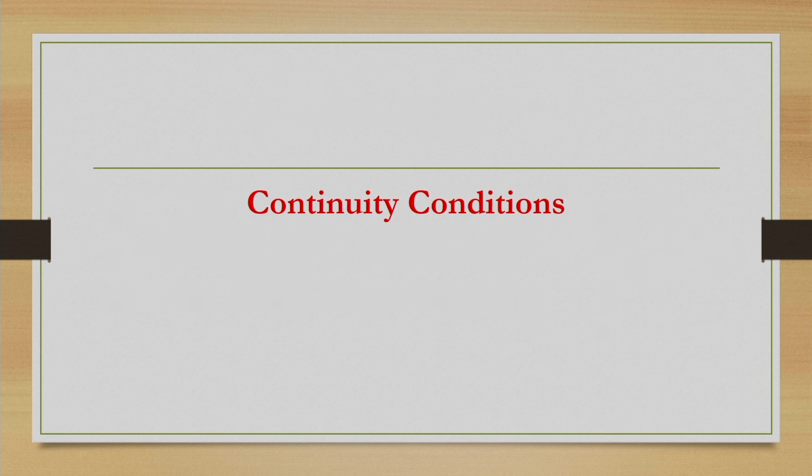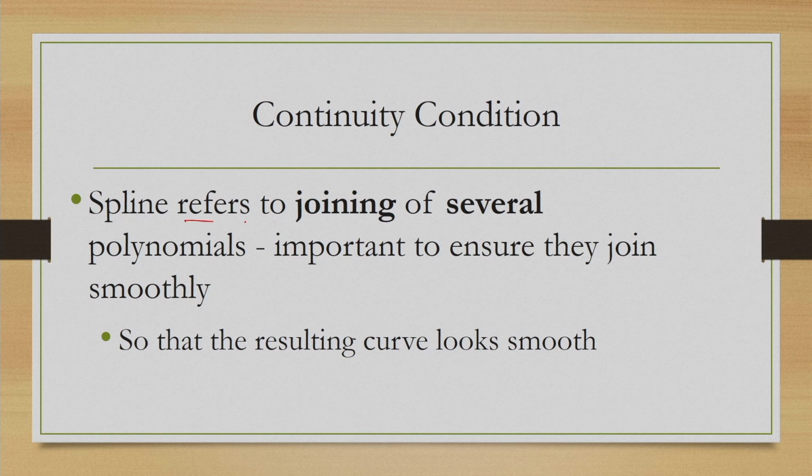There is one important thing in spline representation that we have to keep in mind, that is called continuity condition. Now, splines, as we have discussed, refers to joining of several polynomials. So, clearly it is important to ensure that they join smoothly to make the resulting curve look smooth.